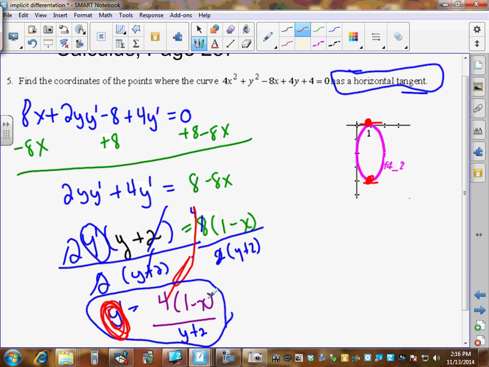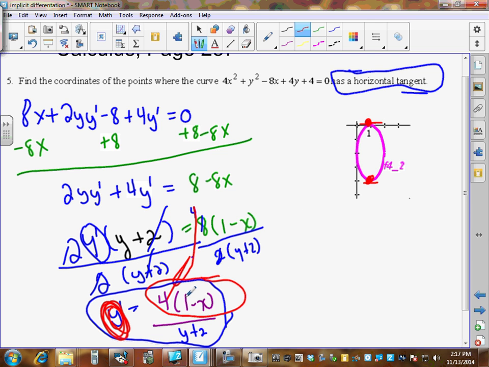We also know that whenever we have a rational expression, when the numerator is 0, the rational expression is equal to 0. Some people think when the denominator is 0, they have a horizontal tangent there, but actually, if the denominator equals 0, that's where the function would not exist. That's where you would have vertical tangents.